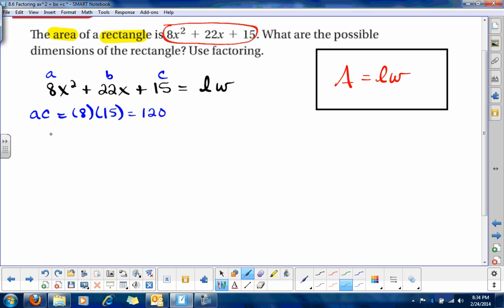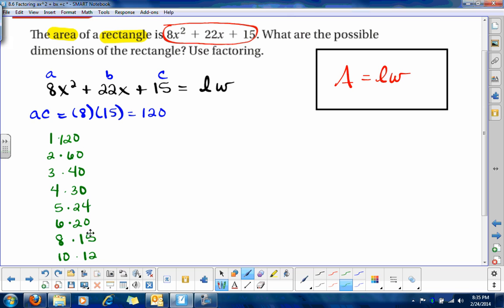So we've got 1 times 120, 2 times 60, 3 times 40, 4 times 30, 5 times 24, 6 times 20, 8 times 15, and finally 10 times 12.